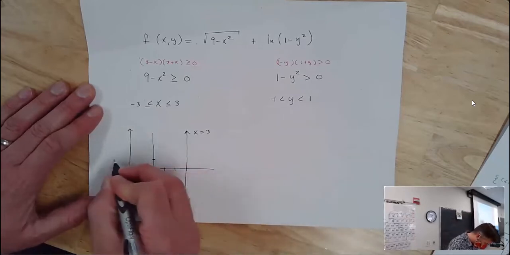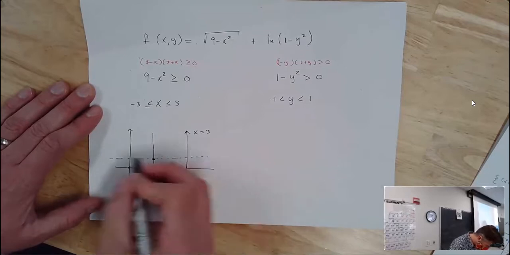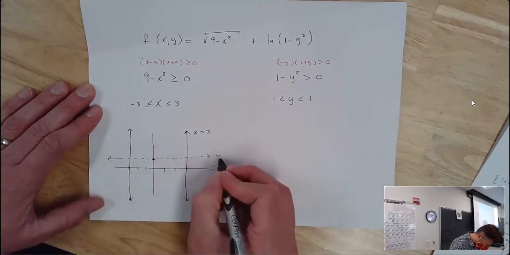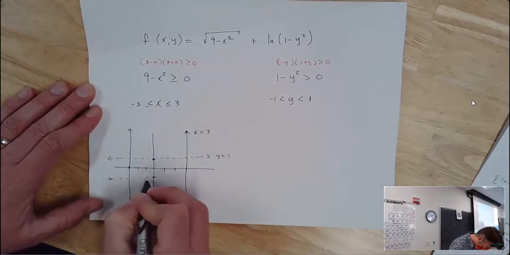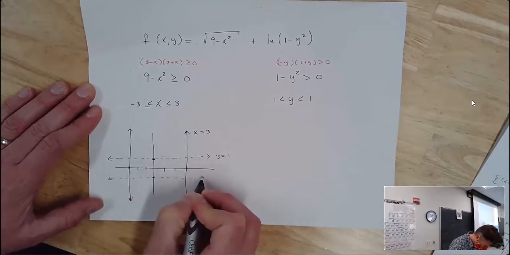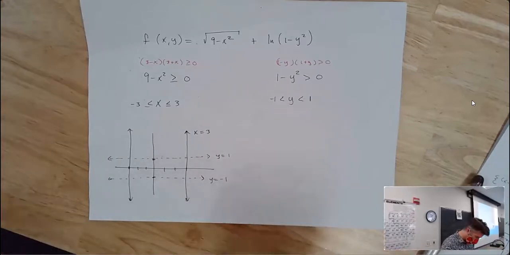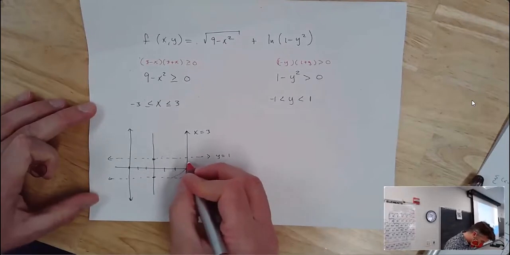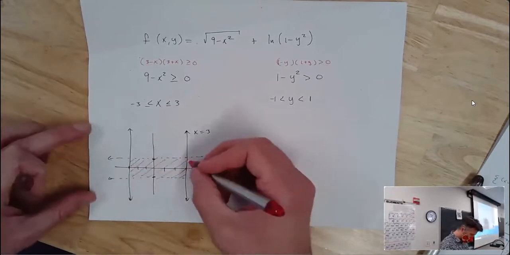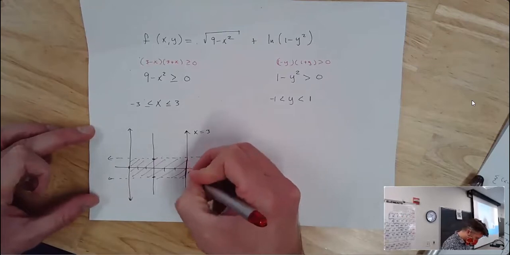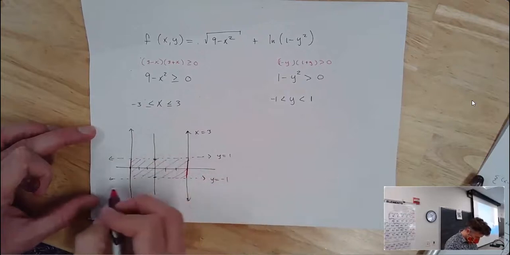So y equals 1 I'm going to draw as a dashed line to indicate that it is not part of the domain. And the same thing for y equal to negative 1. So my domain is going to be everything in this rectangle, including this boundary here and this boundary here, but not this dashed boundary here and this dashed boundary here.